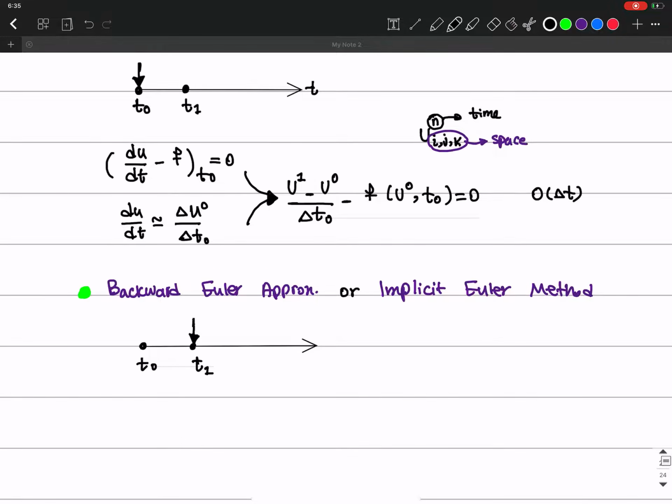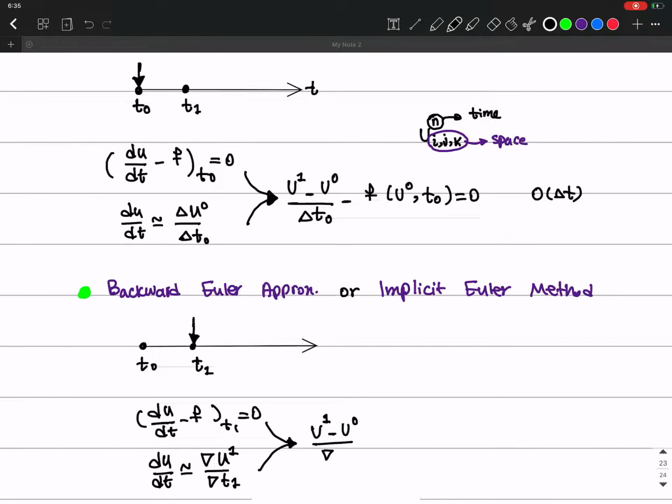So we're gonna have du over dt minus f evaluated at t1 equals to 0, and du over dt is approximated or discretized as delta u at 1 over delta t at 1, and this is going to give me u1 minus u0 over delta t1 minus f u1.